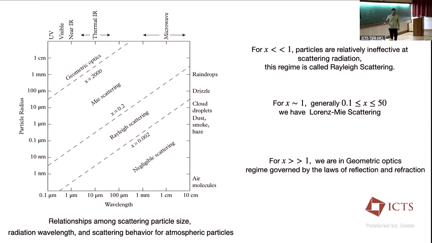And of course, if the particle sizes are much bigger than the wavelength of the incoming radiation, you can safely use geometric optics, the laws of reflection and refraction. But that is not the case when we model planetary atmospheres. We are in either of these two regimes, and that is what we use. If you see here, the wavelength ranges from around 1 micron to 10 microns. So we have Rayleigh scattering due to the gases. The gases that absorb will also do Rayleigh scattering, so we have to include them.